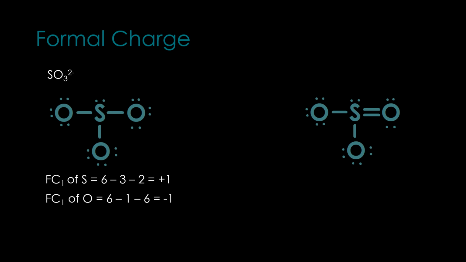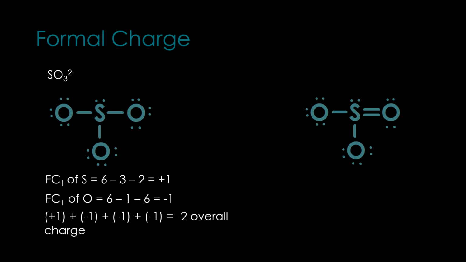The formal charge of oxygen, calculated the same way, is -1. Since all 3 oxygen atoms have the same number of bonds and lone electrons, the formal charge is the same for all three of them. This structure results in multiple formal charges on the atoms. The overall formal charge is -2, which corresponds to the ion charge of the compound.